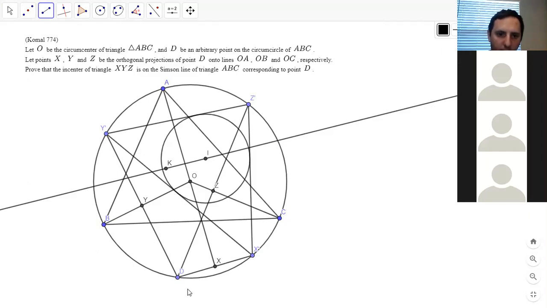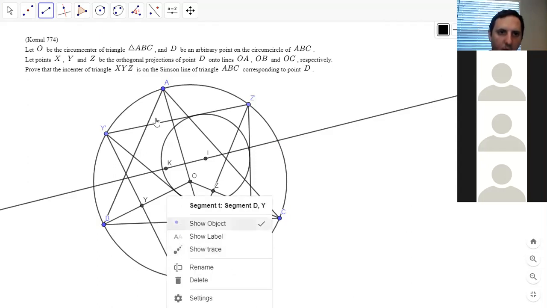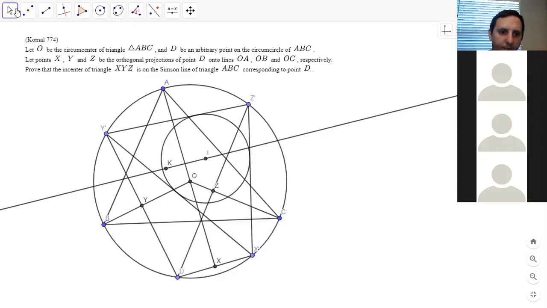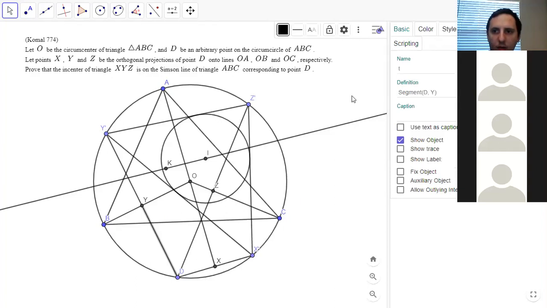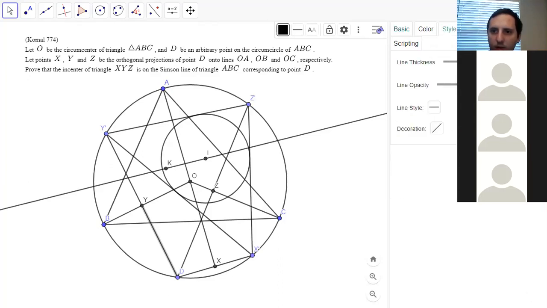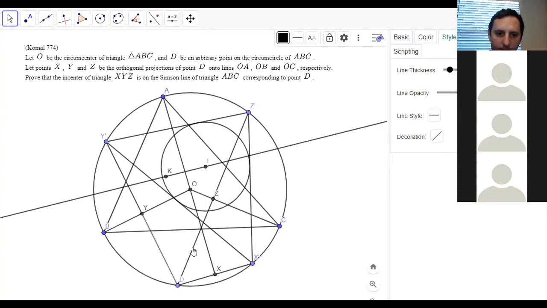Okay, these three. Yeah. Is it style? Make it like a 2.